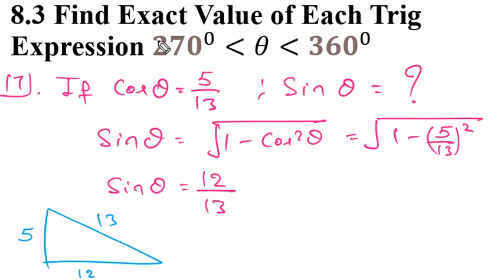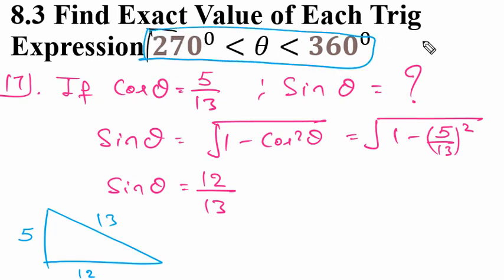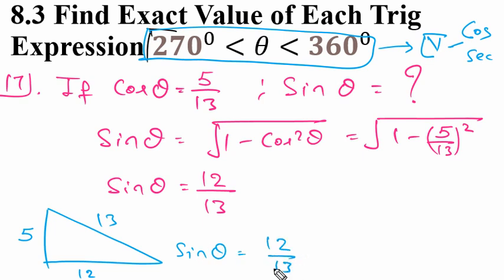But if you understand which quadrant it is, this is quadrant number 4, and in quadrant 4 only cos and secant are positive. So even with the triangle method you get 12 over 13, but you know that in quadrant 4 sine is negative, so just put a negative sign ahead of it.